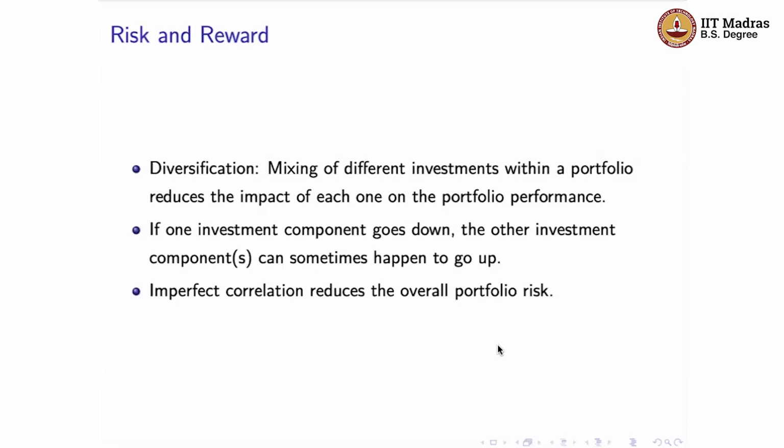In that way, each of them may be individually risky, but they may act together to offset the risk associated with each of them, right? And this is not just related to negative correlation. Whenever you've got imperfect correlation, that can help to reduce the overall portfolio risk. And hence, it's not enough to just look at the standard deviation of these underlying assets. We also need to look at their covariance and correlation structures.